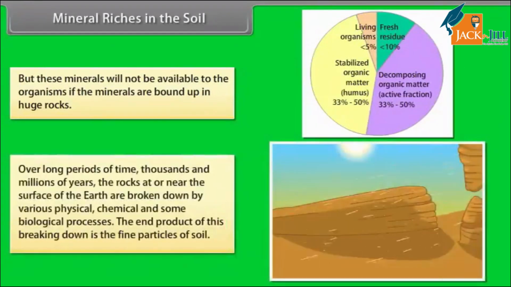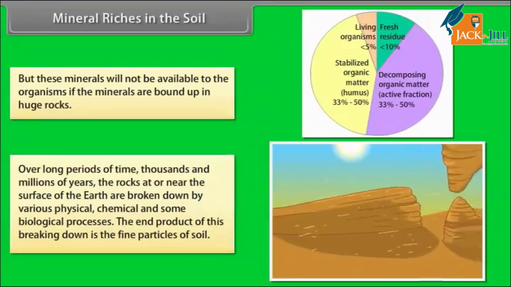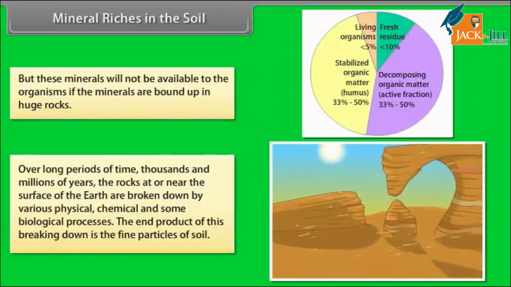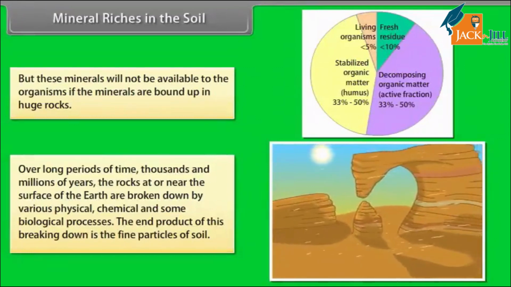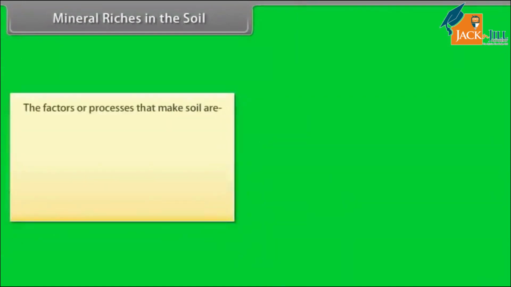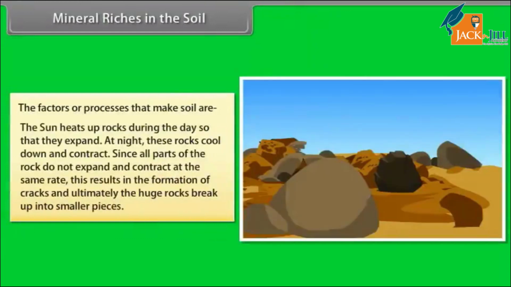Over long periods of time, thousands and millions of years, the rocks at or near the surface of the earth are broken down by various physical, chemical, and some biological processes. The end product of this breaking down is the fine particles of soil. The factors or processes that make soil are: the sun heats up rocks during the day so that they expand.